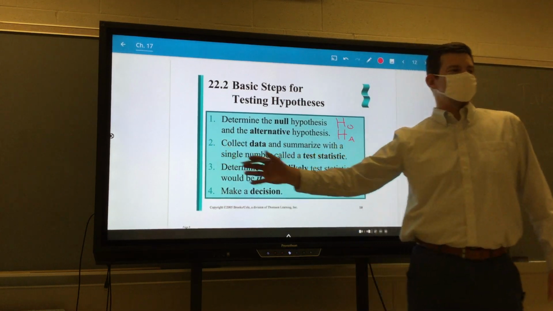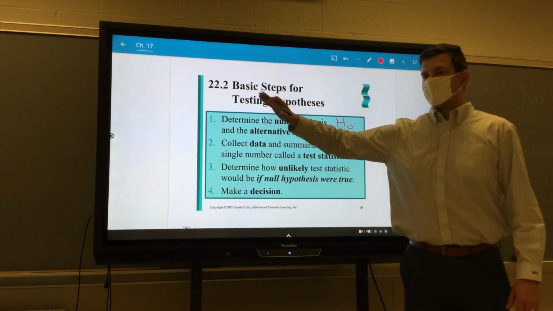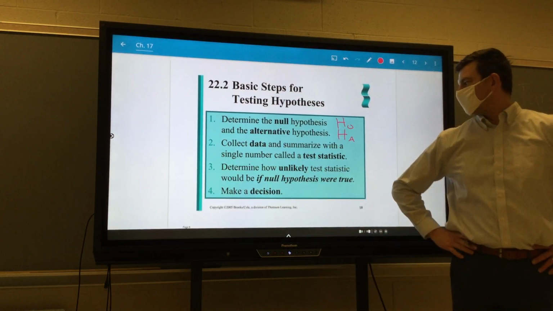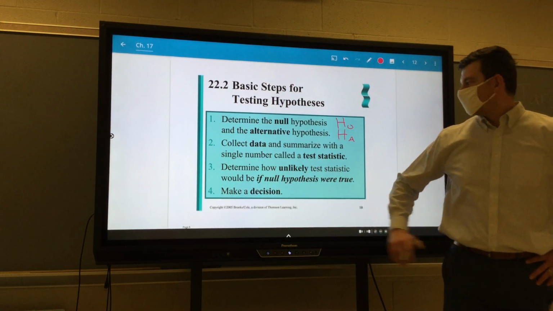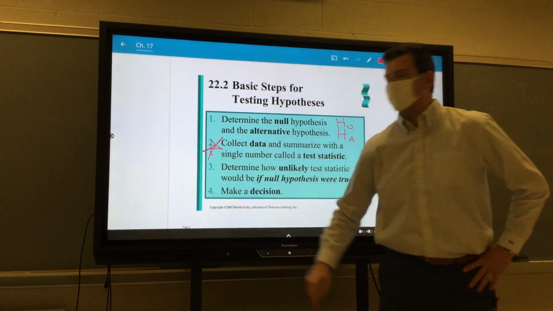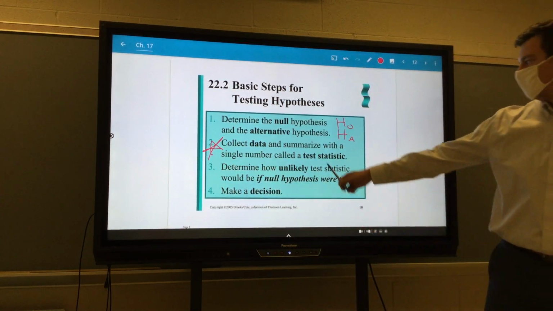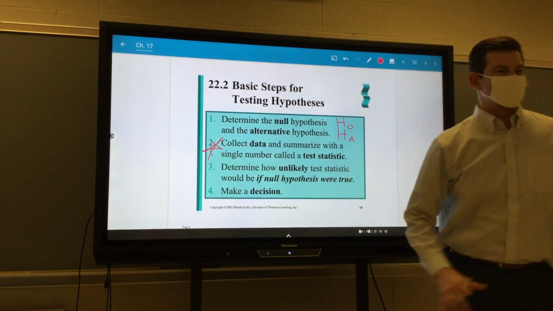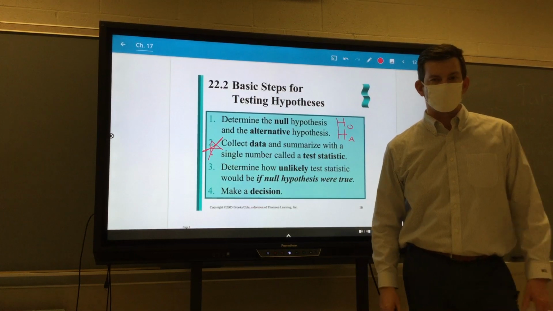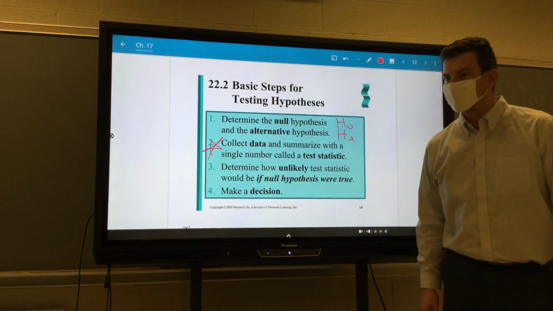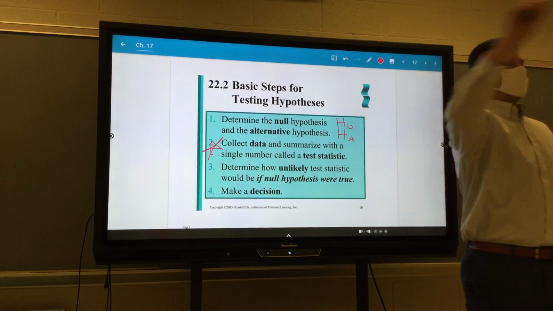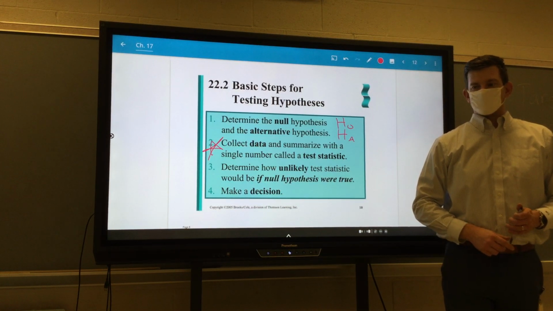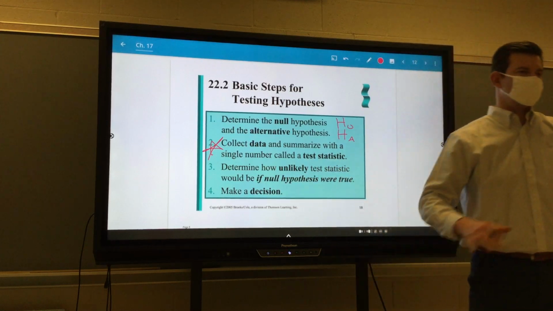I love how this is just kind of thrown in here. It's like, step 1, make the null, make the alternative. Step 2, collect the data and move on. This is a big process right here. All of our first line of step 2 was everything we've done in the first semester: collecting data, making sure that your sample is representative of the population, that you are getting to everybody, and a big enough sample size.